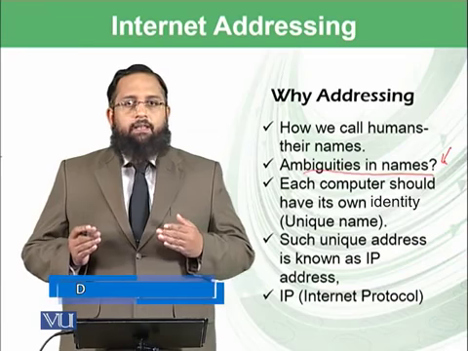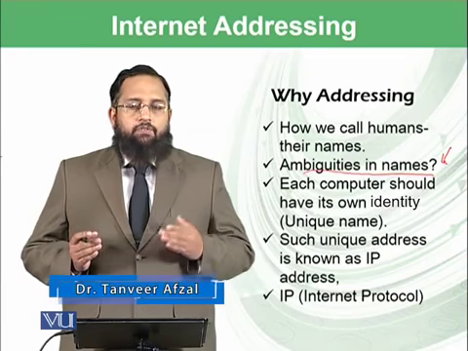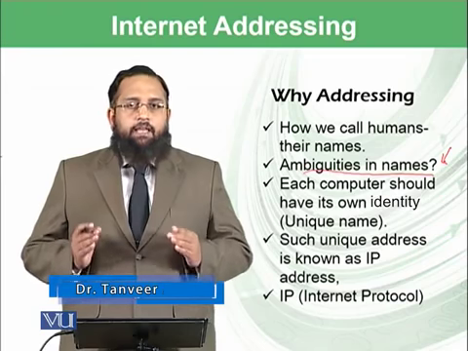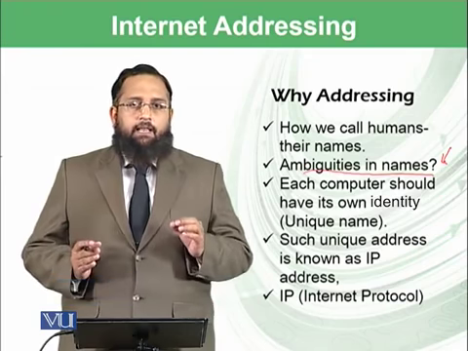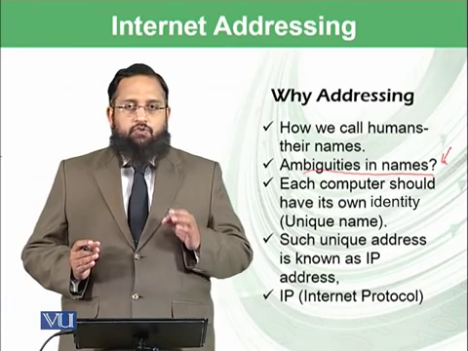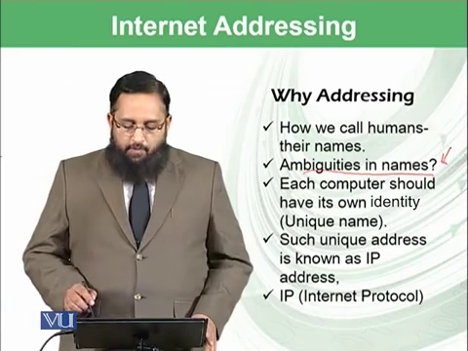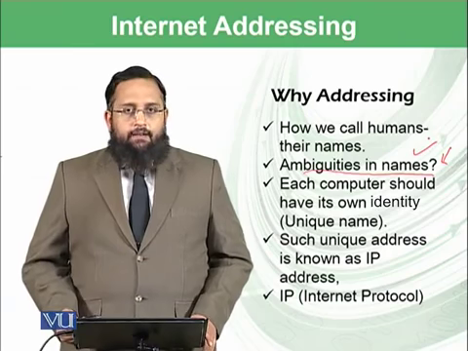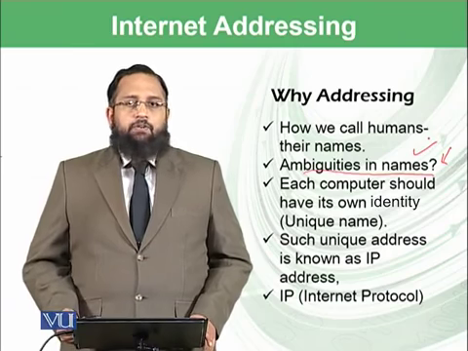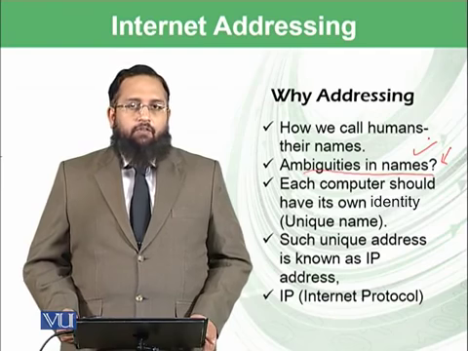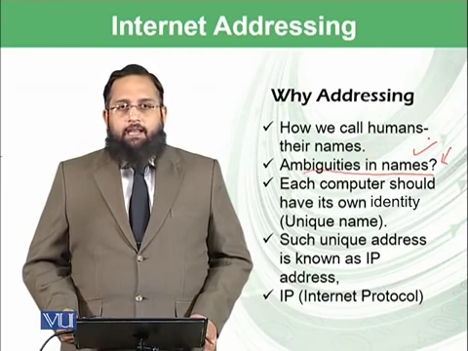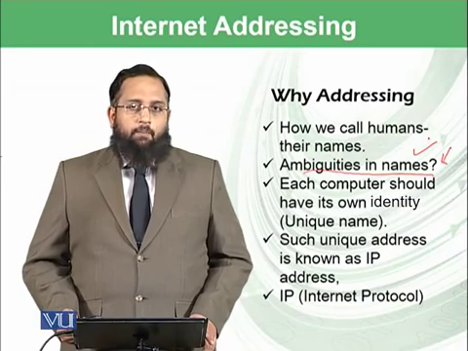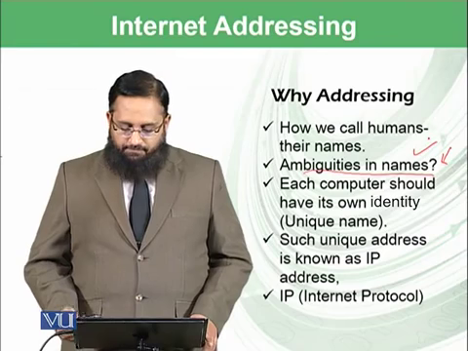However, when we want to give names to computers, it is mandatory that we assign very unique names to each computer so that there are no ambiguities when computers interact with one another, because computers are not intelligent enough like humans to understand which Khalid Walid they are talking about at the moment to start the conversation.